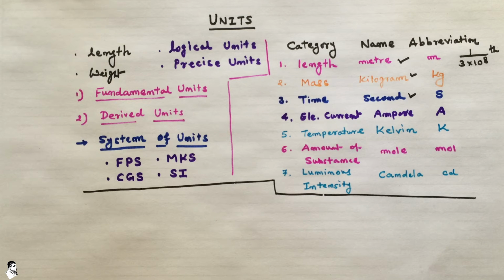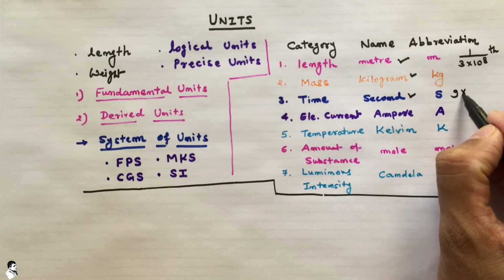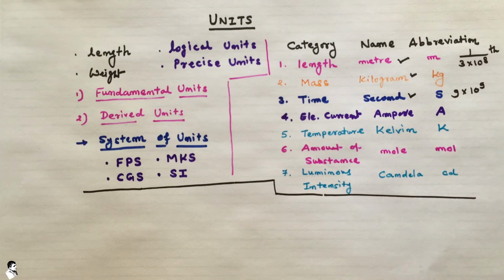It is defined as the length of time for approximately 9 into 10 raised to 9 periods of the vibration of the caesium 133 atom. So for that particular time period, whatever vibrations are available, that is called the second.